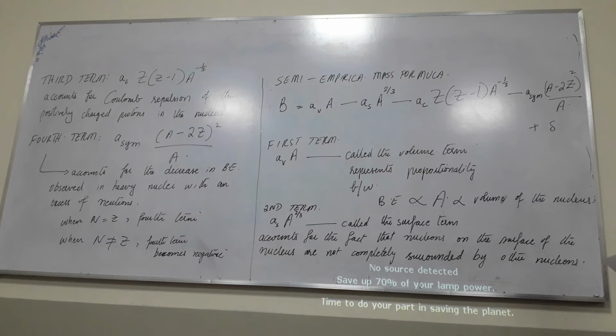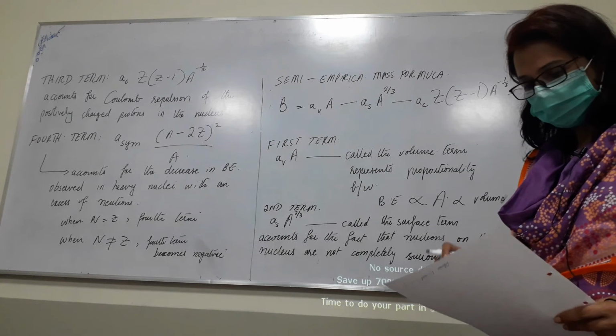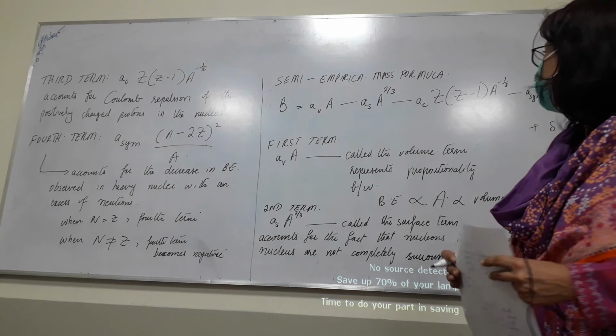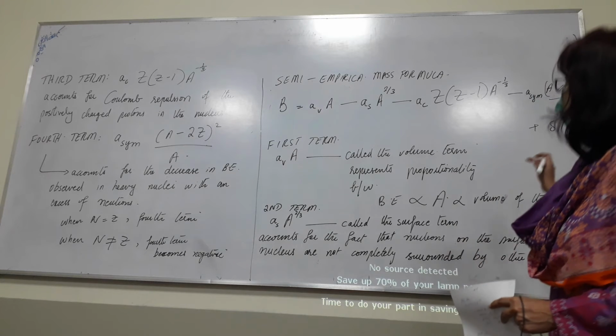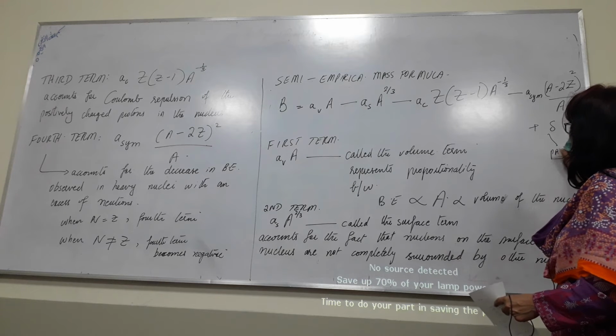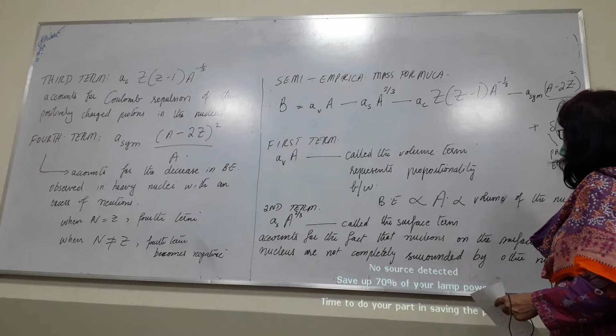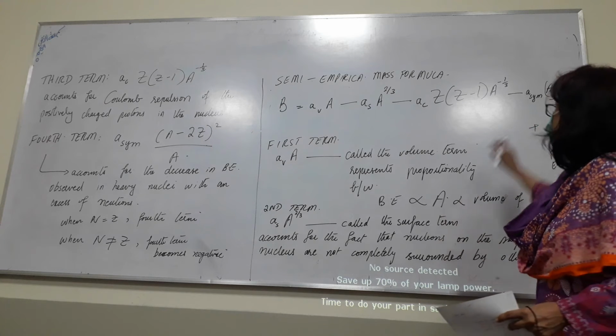No. When N is equal to Z, this term becomes, yes. And this term delta is known as the pairing energy. This is for symmetry.